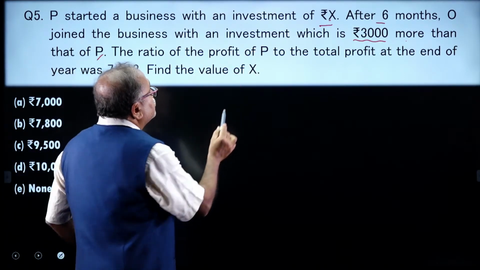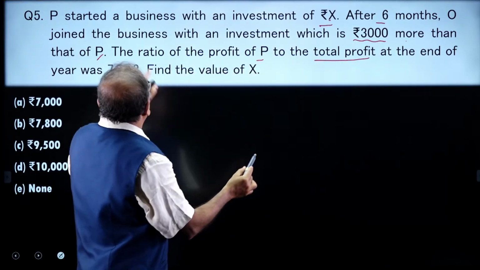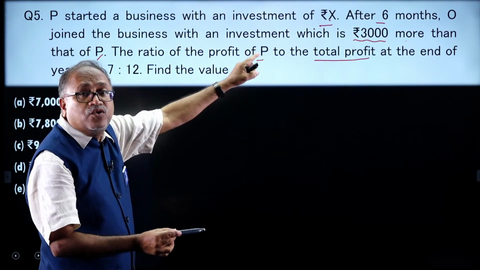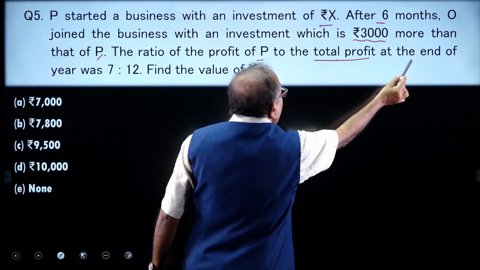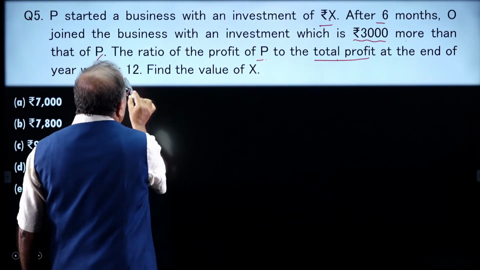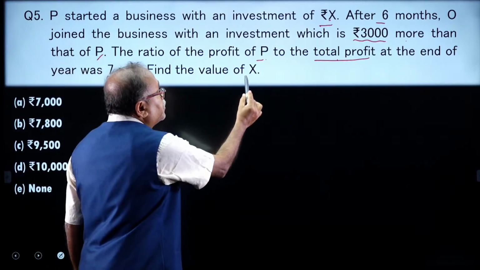The ratio of the profit of P to the total profit at the end of the year is 7:12. Find the value of X.